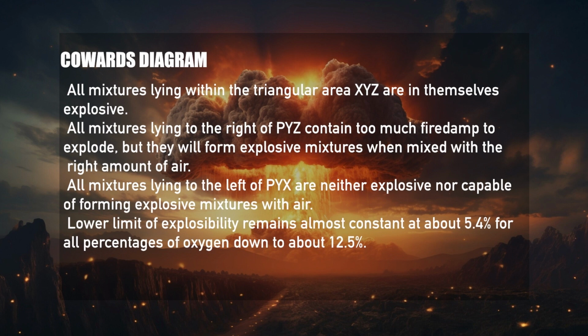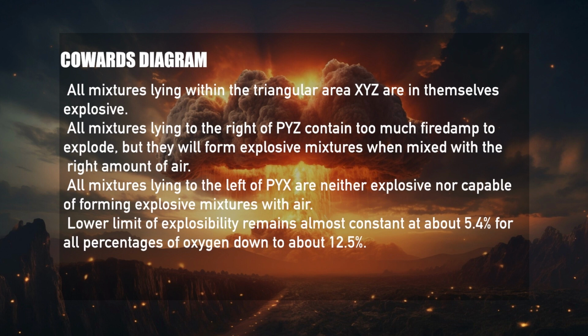All mixtures lying to the left of PYX are neither explosive nor capable of forming an explosive mixture with air. The lower limit of explosibility remains almost constant at about 5.4% for all percentages of oxygen down to about 12.5%.